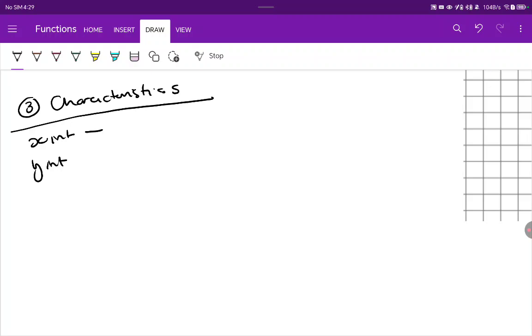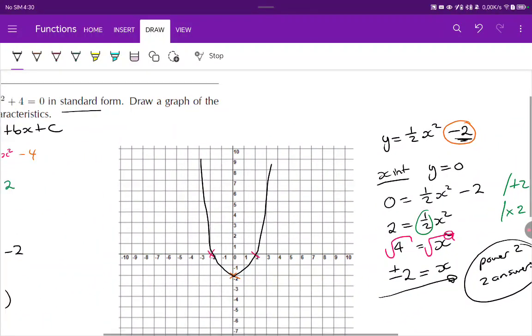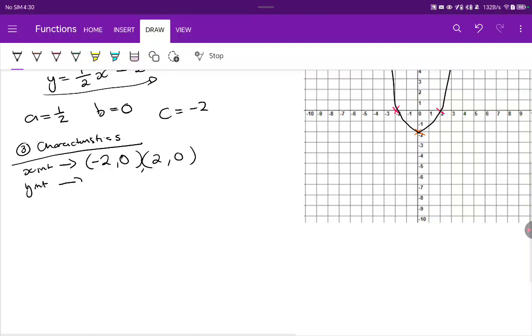So let's say x-intercept, we calculated them as being, now if you're going to give me intercepts, please give them to me as coordinates. You can put a semicolon in between. So this is going to be negative 2, 0, because x-intercept y is 0, and positive 2, 0. What about the y-intercept? Y-intercept is in the equation. That is negative 2. So that one is going to be 0, negative 2.